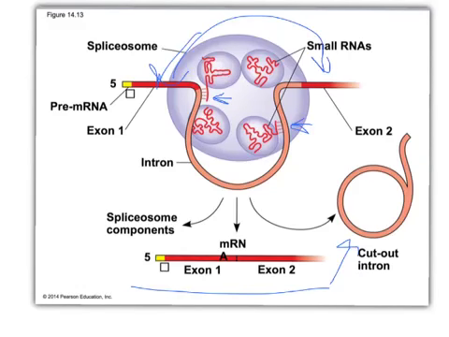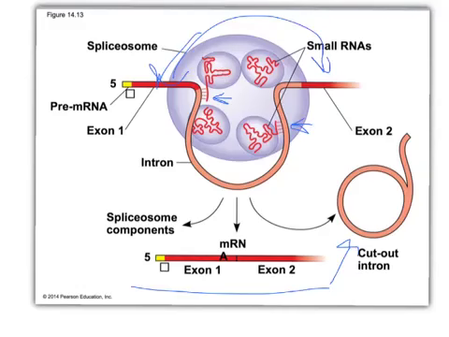Do the introns go anywhere? So the cutout lariat is RNA, but the cutout introns are lacking two things. What are they lacking?